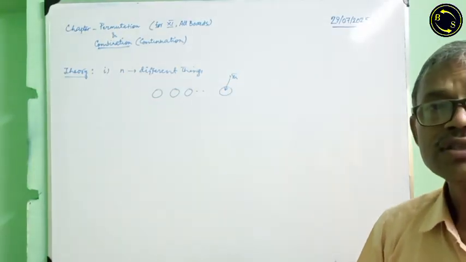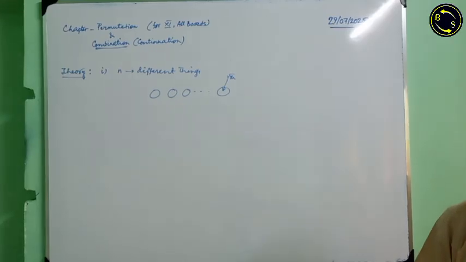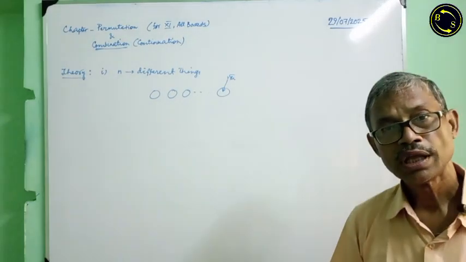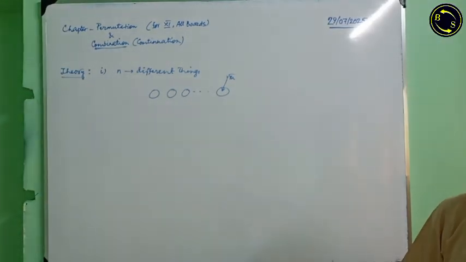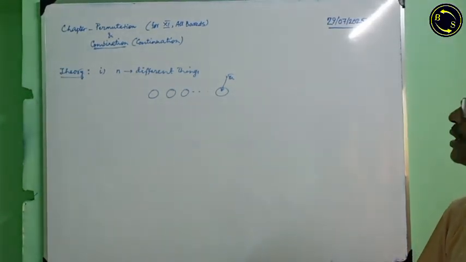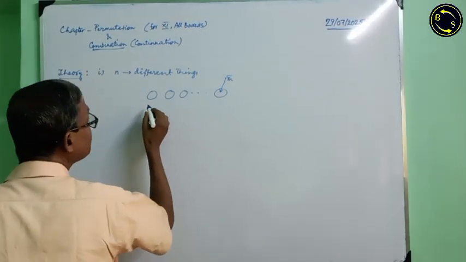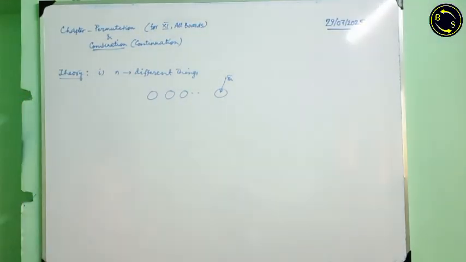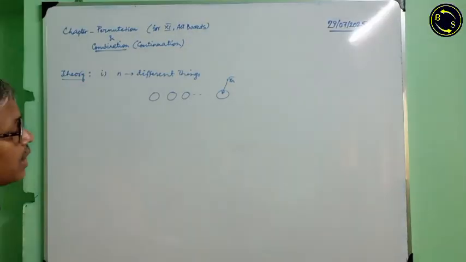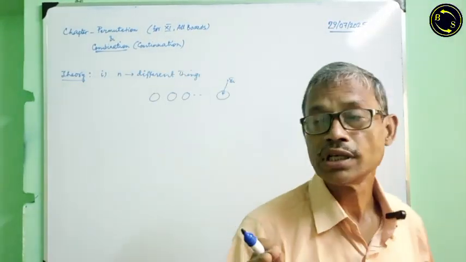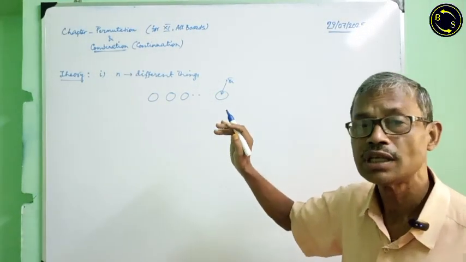And the restriction is one particular thing will be there in each arrangement. Now, in how many ways can we do that? One particular thing can be placed in any of these r places in how many ways? R ways.